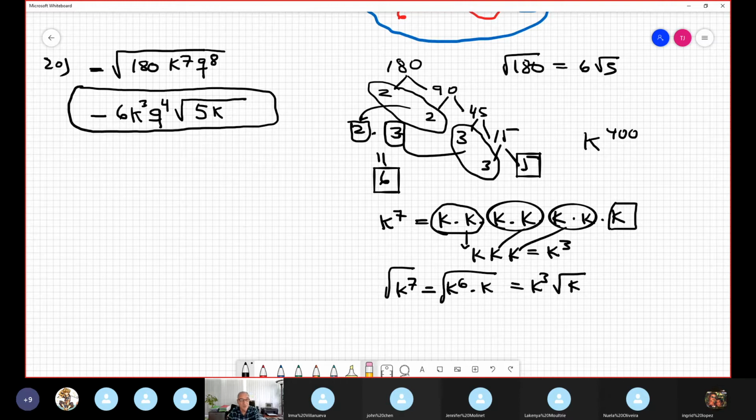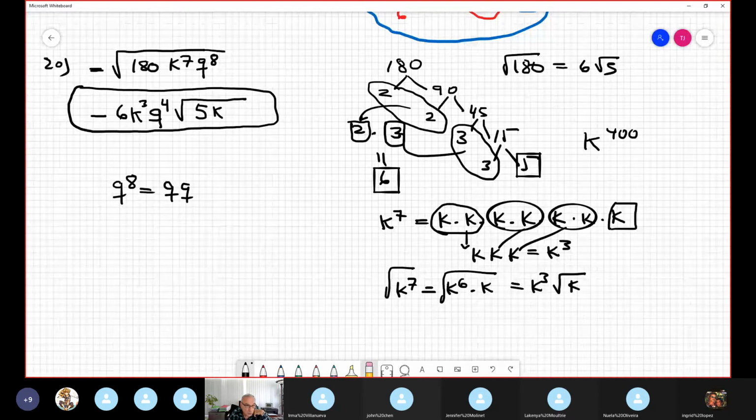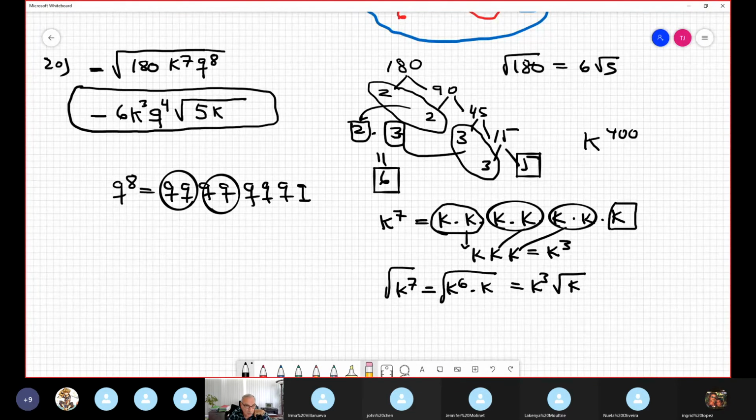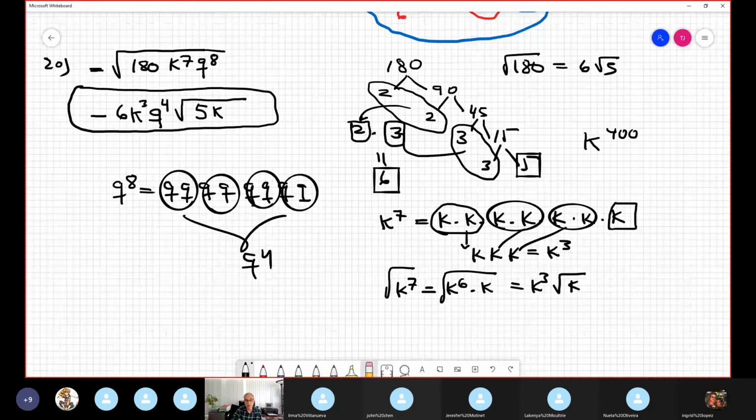When it's even, it completely goes outside. Q, 1 couple, 2 couple, 3 couple, 4 couple, and this represents Q4. Any question? This is the way, in my opinion, the best way. You create your own shortcut and your own method while doing the homework.